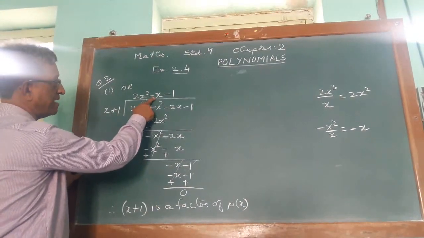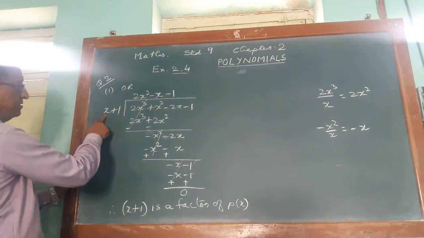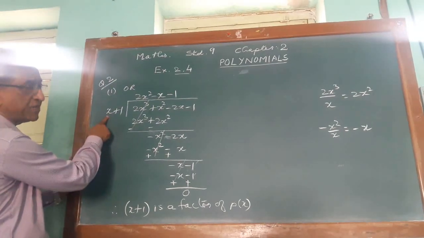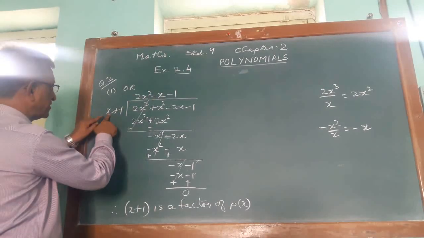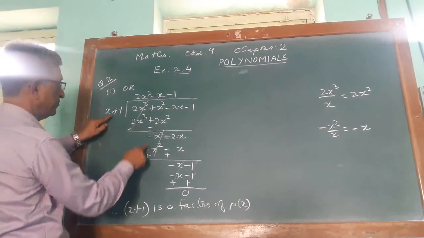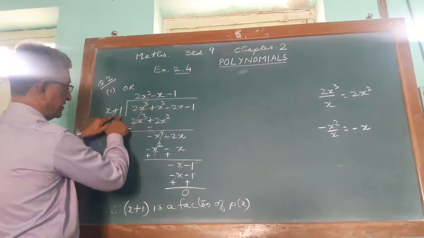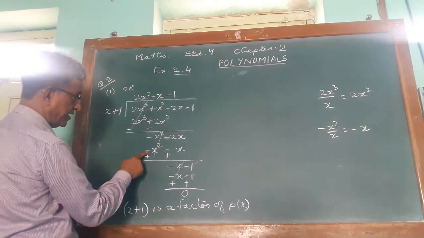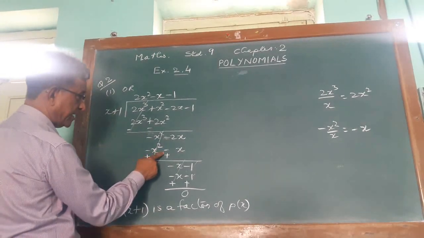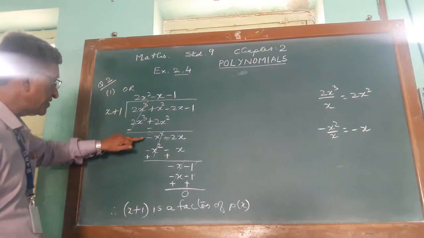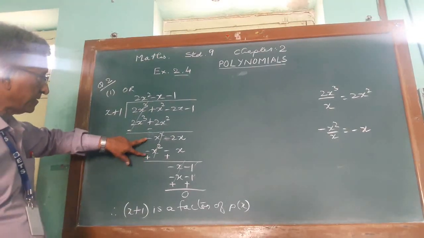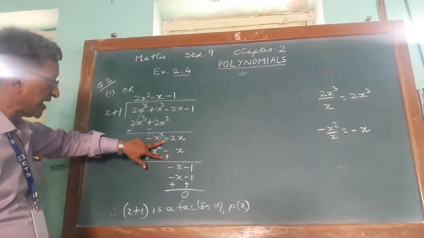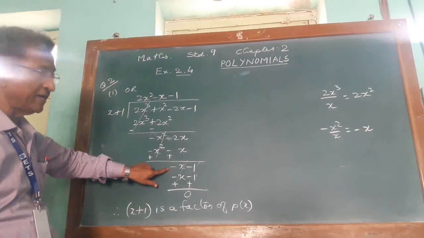And multiply by minus x to both these terms. Minus x into x gives you minus x square. Minus x into 1, that is minus x. Change the sign. Minus, make it plus. So minus x square and plus x square cancel. Minus 2x plus x gives you minus x.